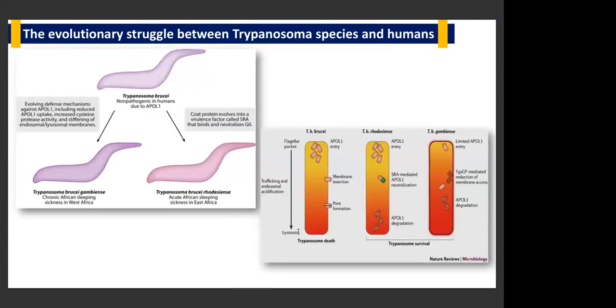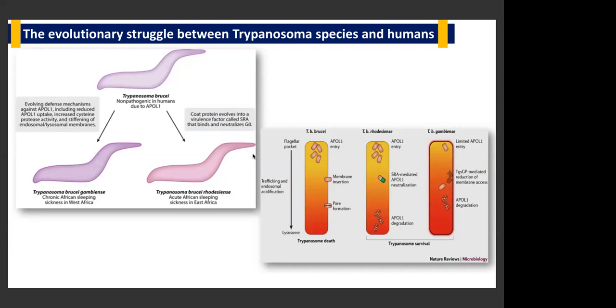Around 10,000 years back, Trypanosoma brucei, which causes trypanosomiasis in human beings, started evolving, because APOL1, which is present in the circulation of human beings, neutralizes this trypanosoma and prevents its infection.